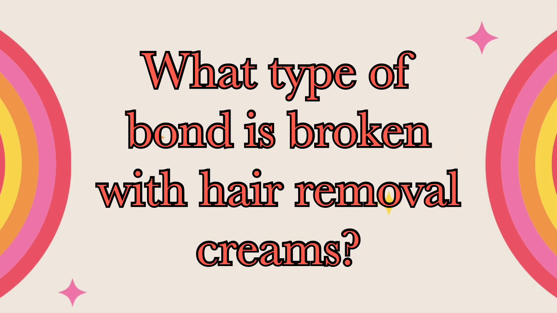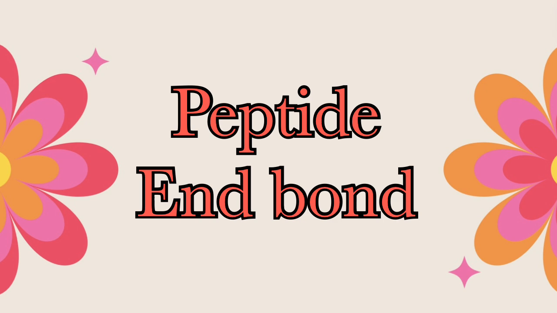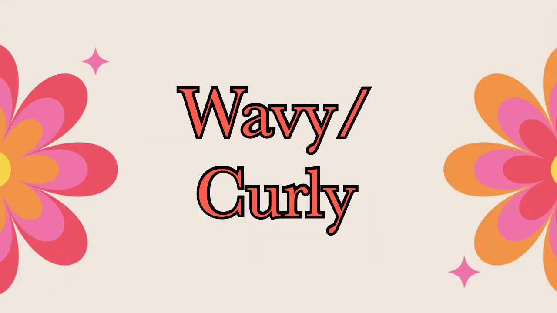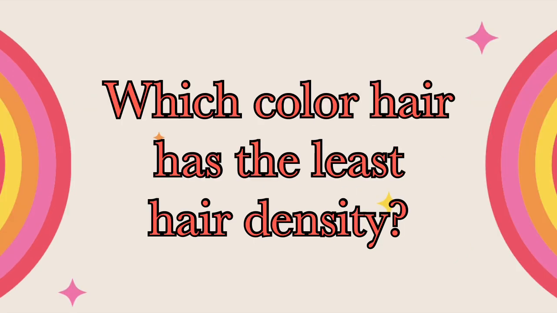What type of bond is broken with hair removal creams? A peptide end bond. Which wave pattern has an oval cross-section? Wavy or curly? Which color hair has the least hair density?